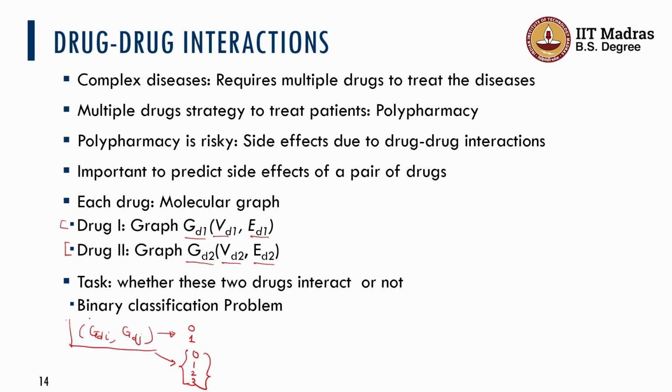The first part, where we look at the interaction between two drugs, is going to remain the same. The later part, once we generate the feature for the pairs, is going to change, because in one case we have a binary classification problem and in the other case a multi-class classification problem. So let's look at it.